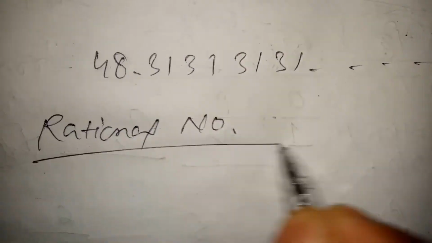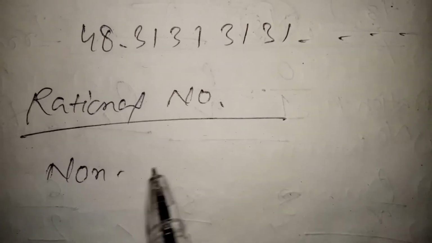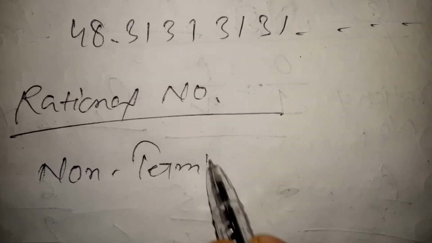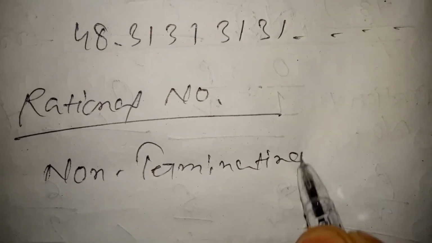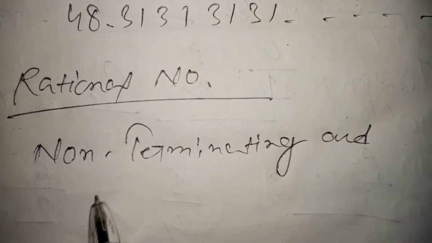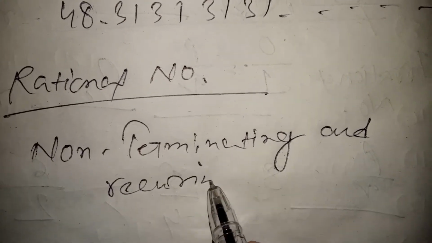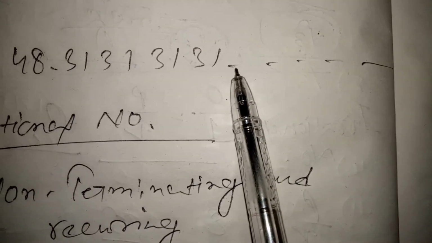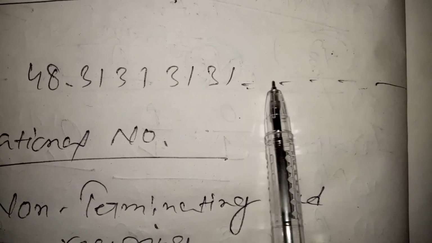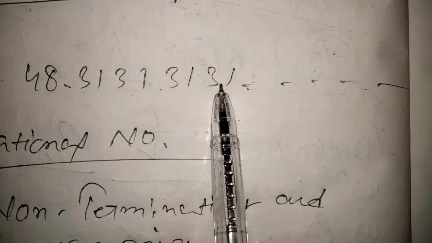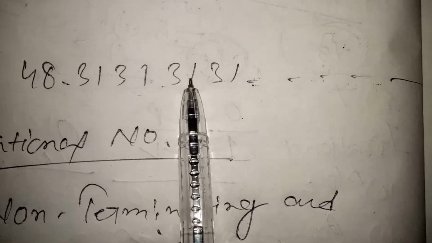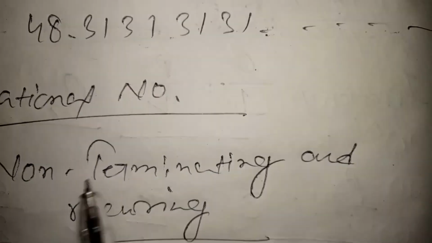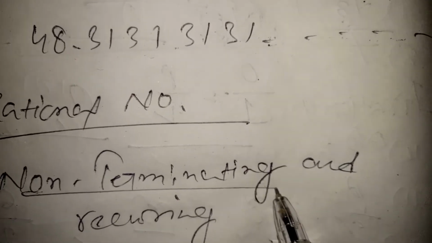It is called non-terminating and recurring. Non-terminating means it is going on like this, 31 31 31, again and again. After dividing again and again, you are getting 31 31 31, and it is going on. That is why it is called non-terminating, not terminated.